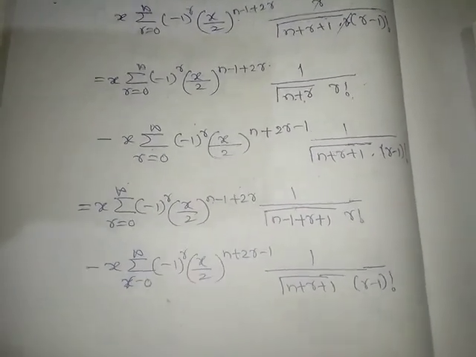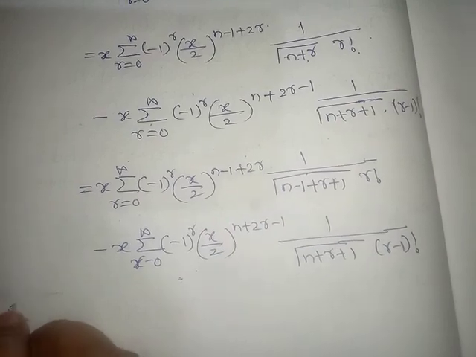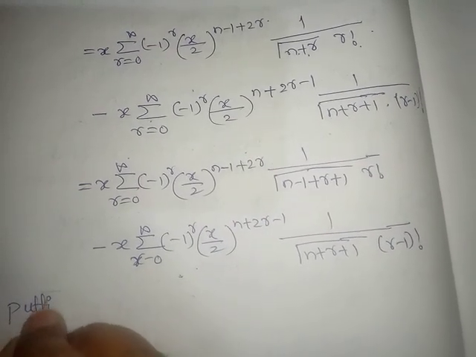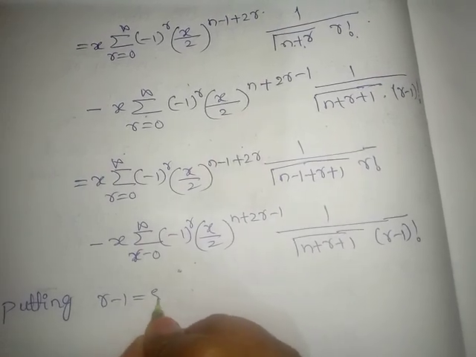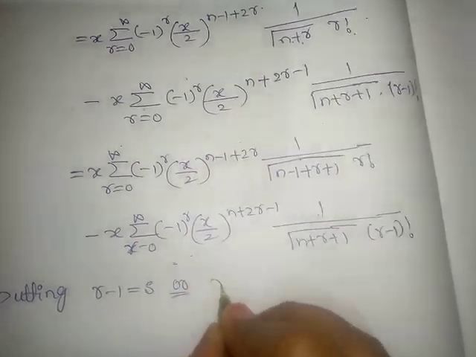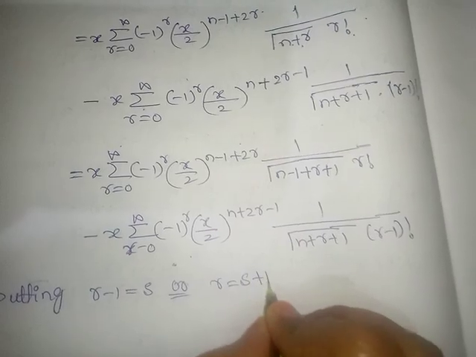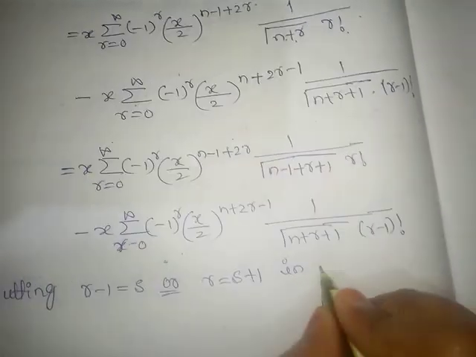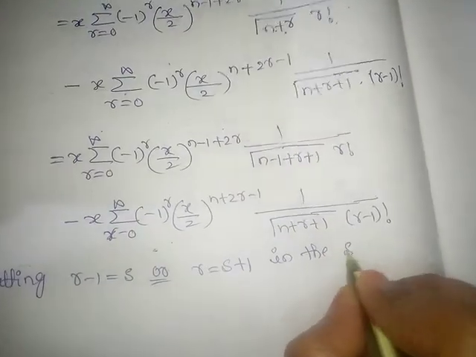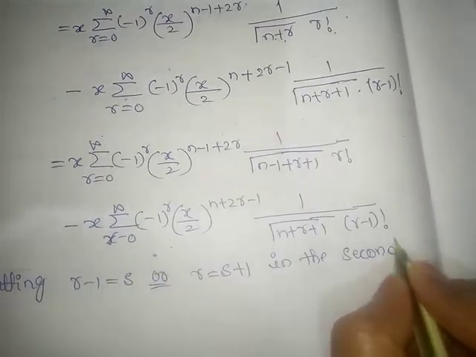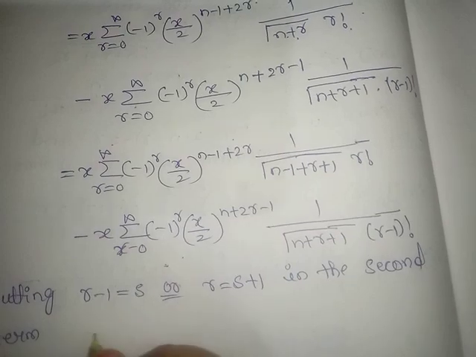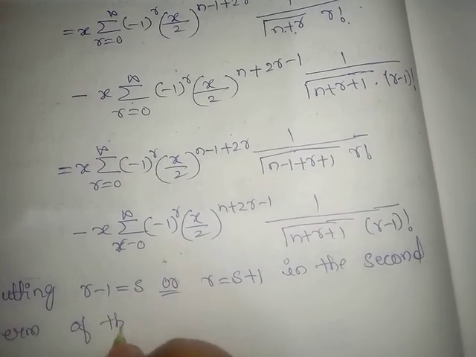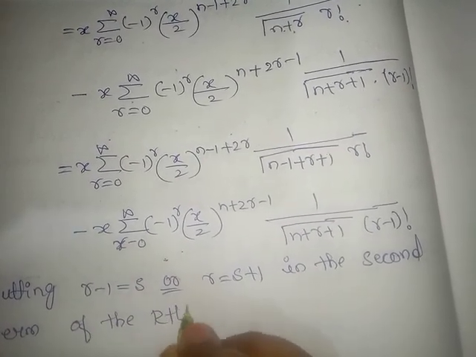To avoid that, I will consider putting r minus 1 is equal to s, or r is equal to s plus 1, in the second term of the RHS.